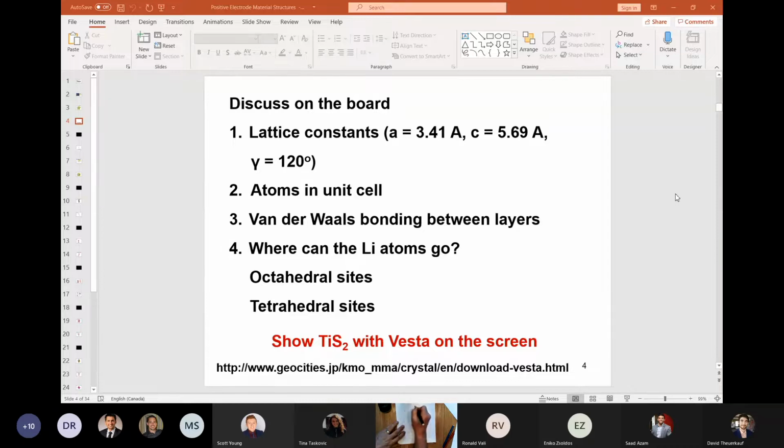It's very simple. It's just a close packed layer of atoms, like this.